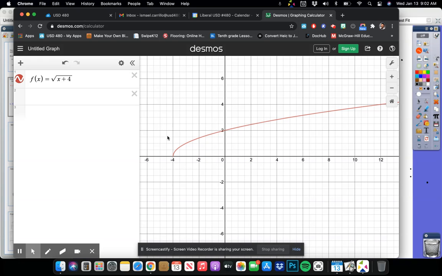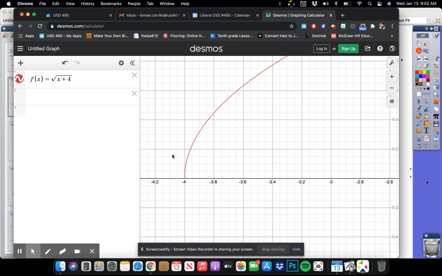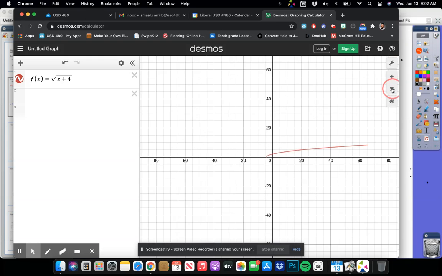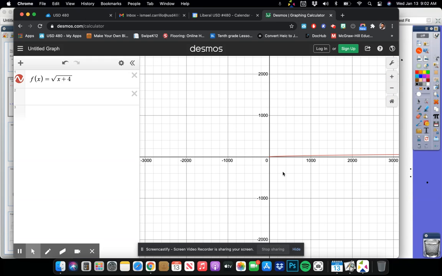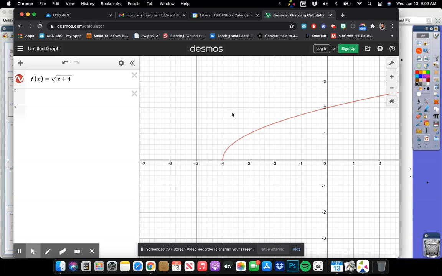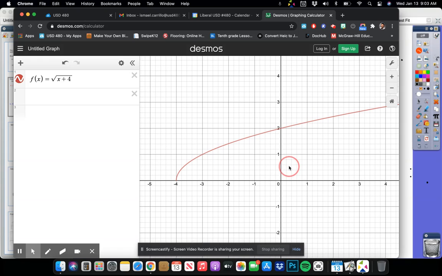Domain wise, the smallest it goes is -4, as you see right here, and the biggest it goes, like we've done before, it goes forever to the right. So our domain goes from -4 all the way to positive infinity. Our range, same thing.